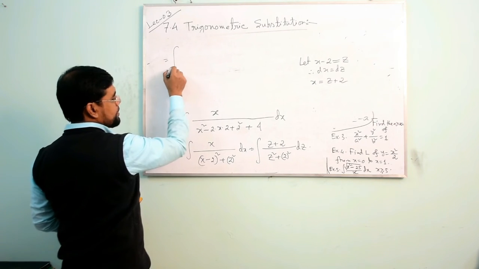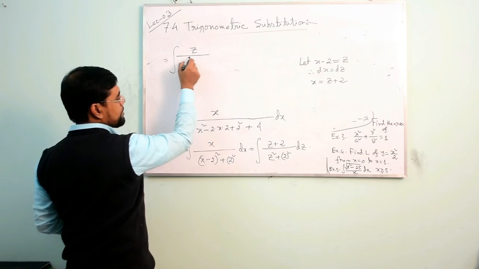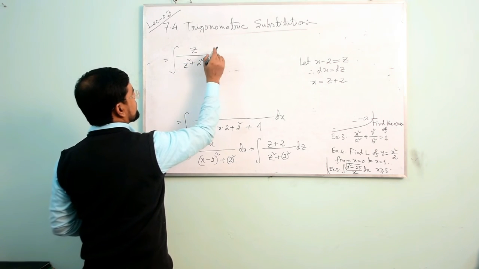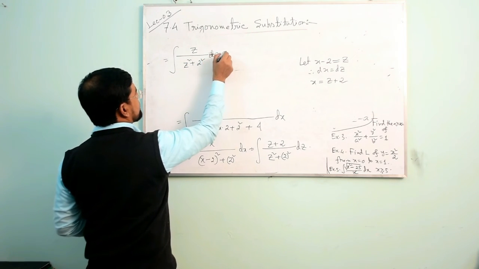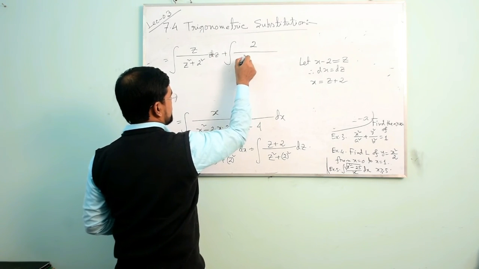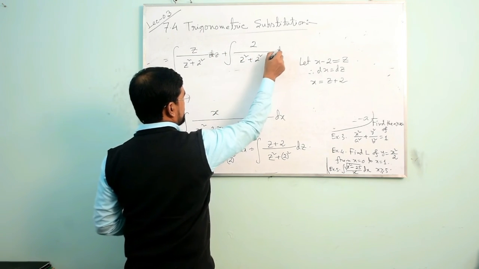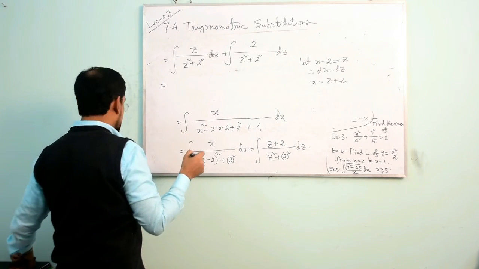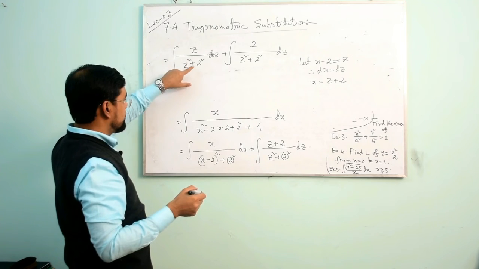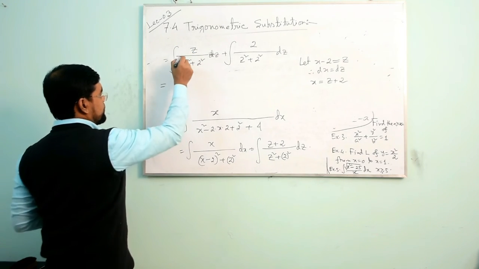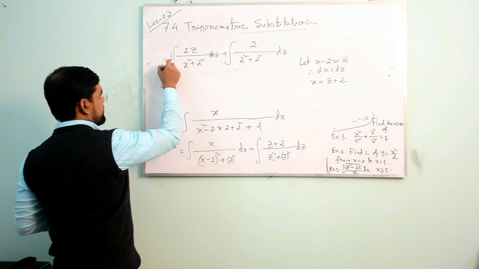Which is equal to the integration of z by z square plus 2 square plus 2 by z square plus 2 square dz. And this equal, the derivative of z square equals 2z, so if you put 2 here, you need to multiply by half.